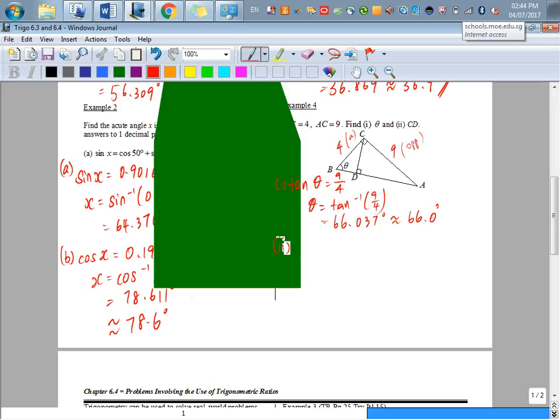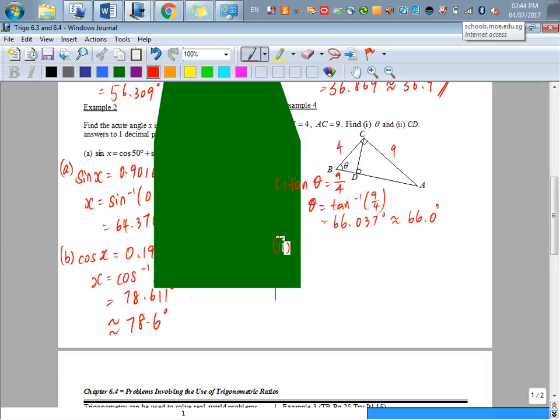Okay, part 2. Find CD. How to find CD? Do you know how to find CD?